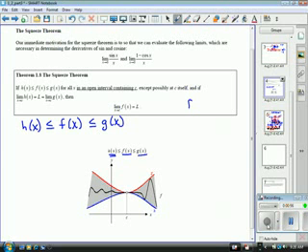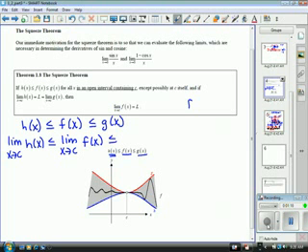What the squeeze theorem does is if you take the limit of the first function and you want to do the limit of the one in the middle, here's what happens.